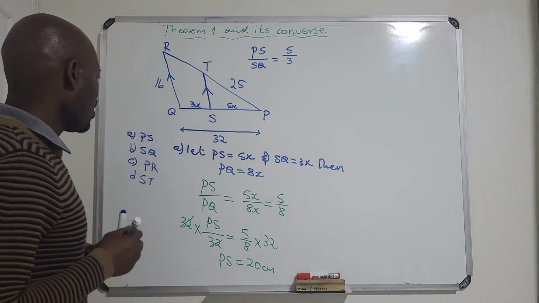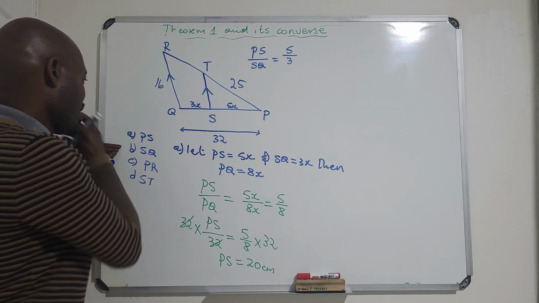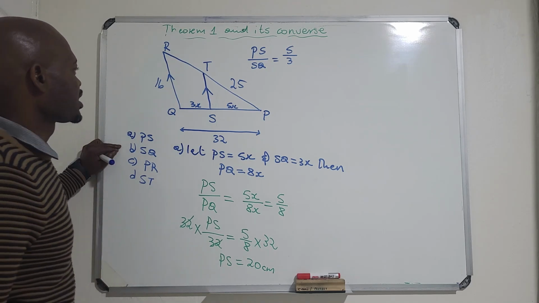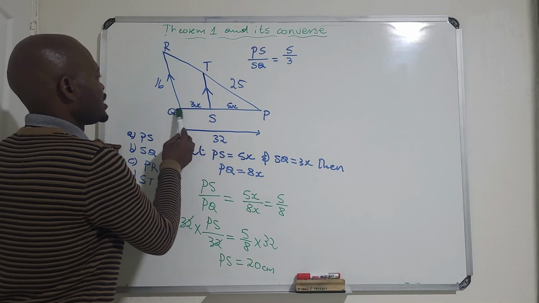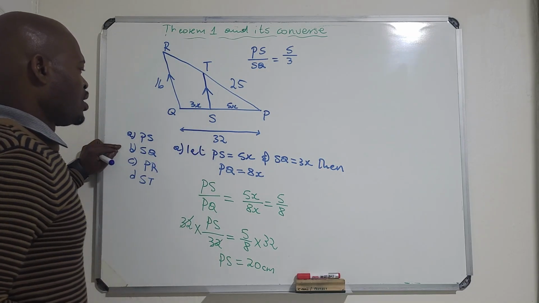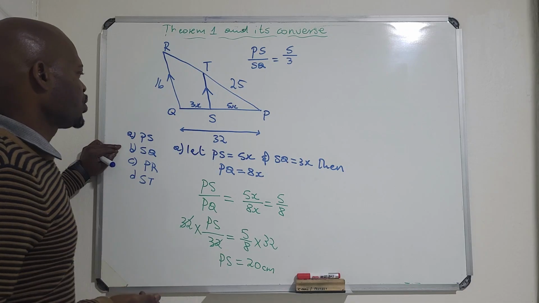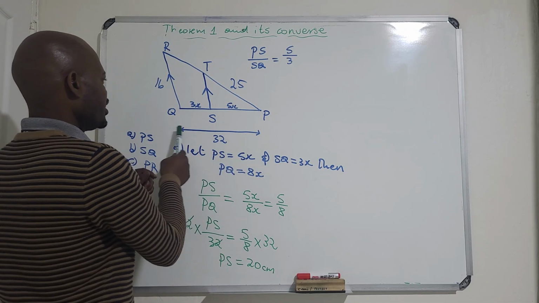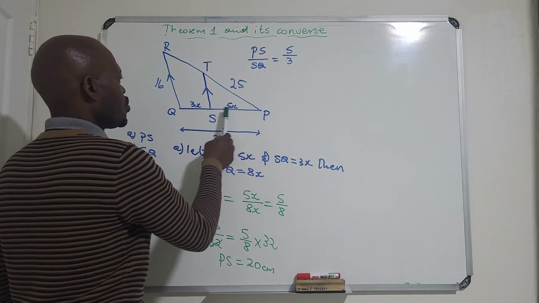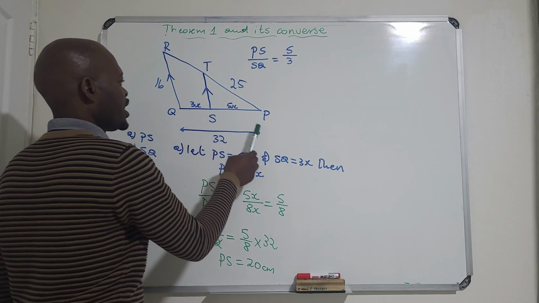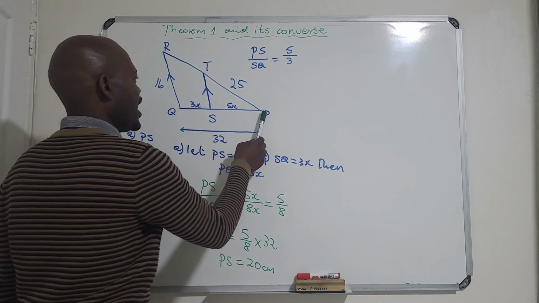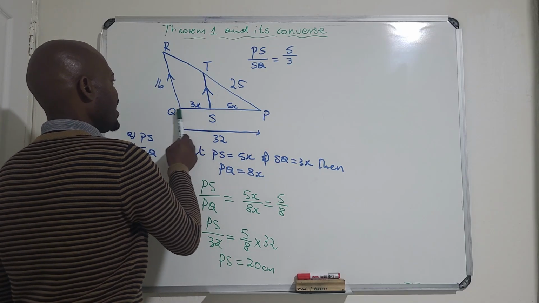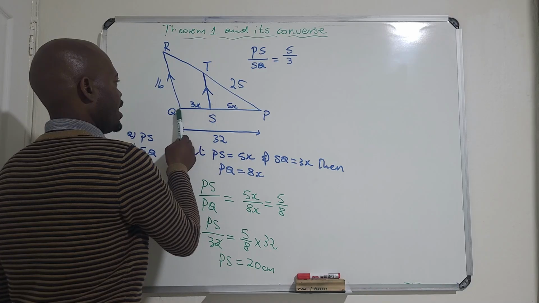That is PS. Now, B. They said we must also find SQ. We can find SQ in two ways. We know the length of this, we also know the length of that. We can say this minus that, and we find this here.